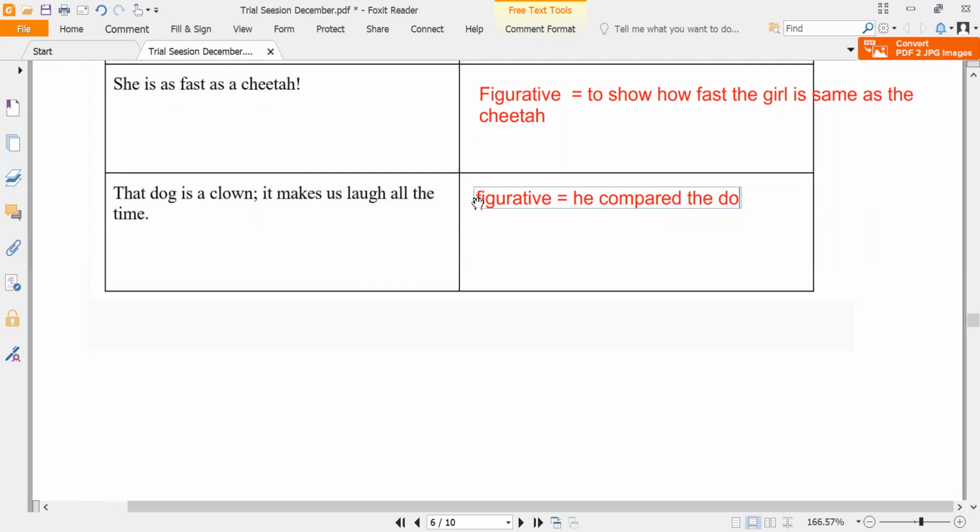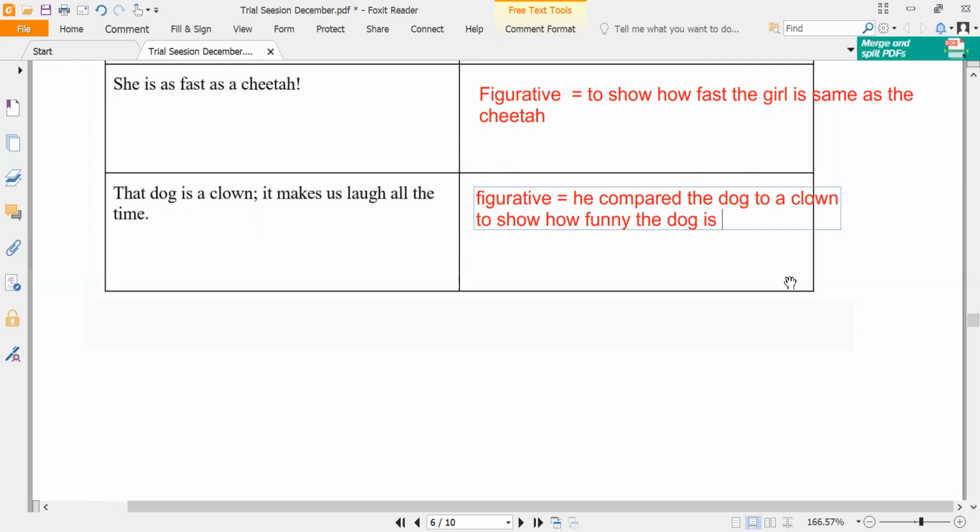He compared the dog to what? To a clown. So he compared the dog to a clown to show what? To show how funny the dog is. Okay.